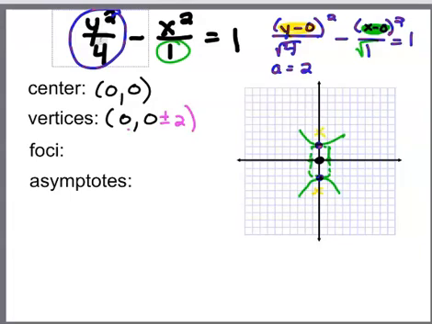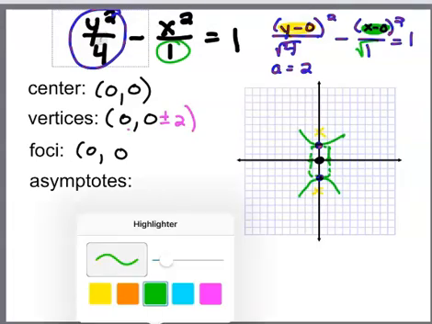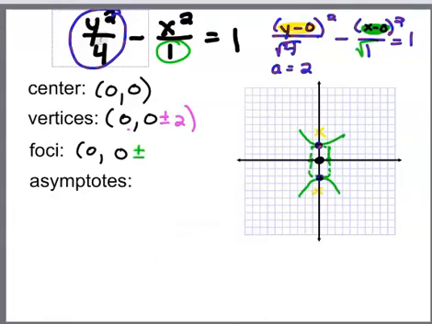So for the foci from the center, I'm going to go up and down. I'm going to add and subtract to the y's. So this is going to be plus and minus. If we're adding and subtracting to the y's for the vertices, we're adding and subtracting to the y's for the foci because they have to be above and below the center.